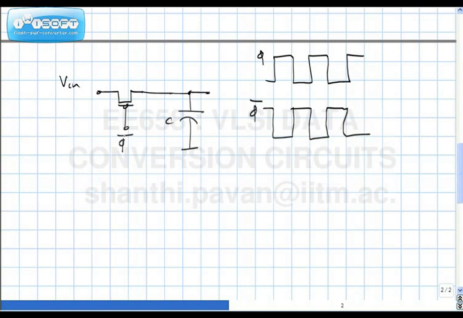If the input voltage attempts to go below a threshold of the PMOS transistor, then the source-gate voltage is not large enough, so the PMOS transistor will not turn on, thereby disconnecting the input from the switch. Is that clear? The problem with this is that when the inputs become too small, this doesn't work.